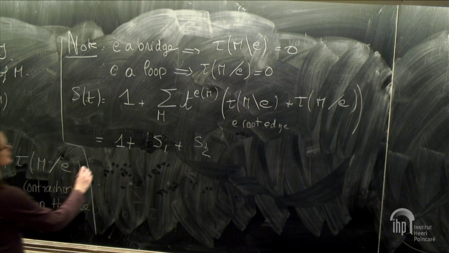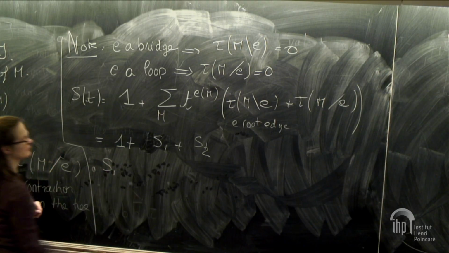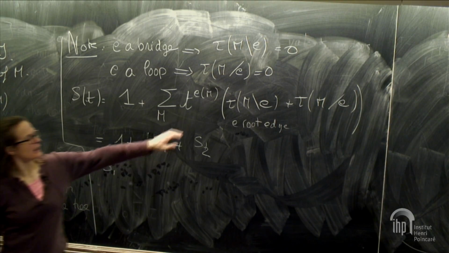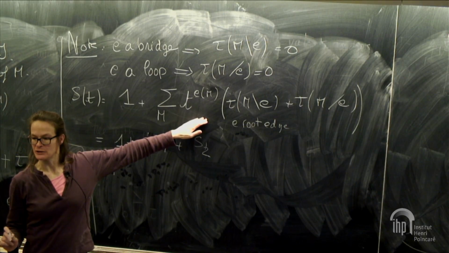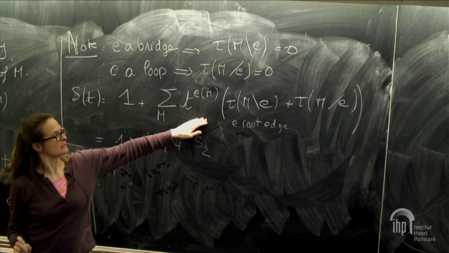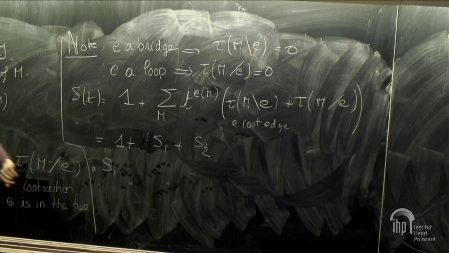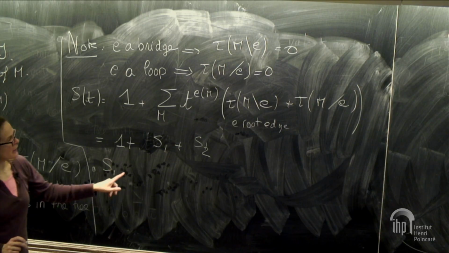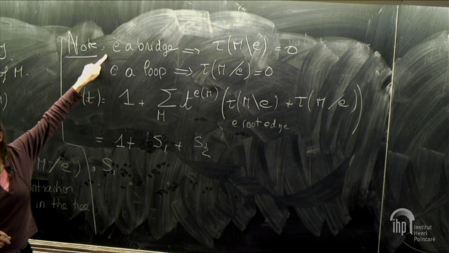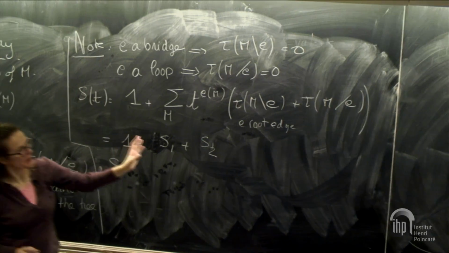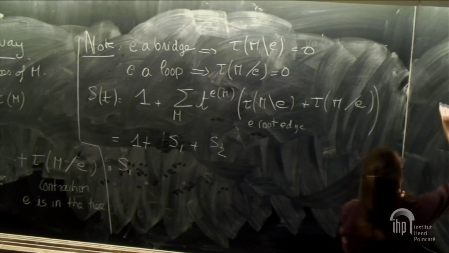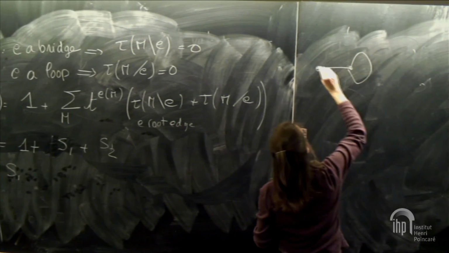Okay, so let me look at S1. So I have a map, and I have a spanning tree that does not contain the root edge. So as we said before, if this root edge is a bridge, I want to relate this to the little pictures I used to do when I was just counting maps.